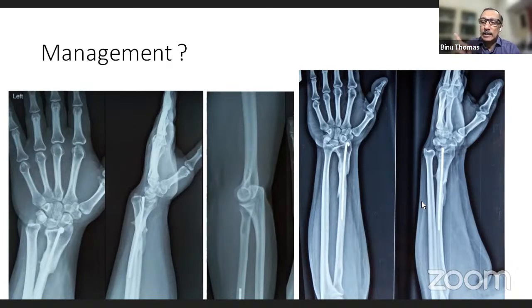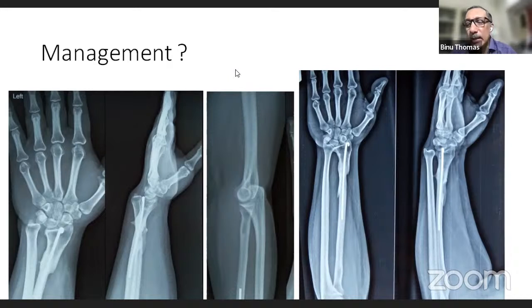It will just move like that, isn't it? So that's probably what happened also. So primarily anatomical reduction and stable fixation should address it. In Galeazzi, the chances that a good stable reduction and fixation will make the DRUJ stable is good.